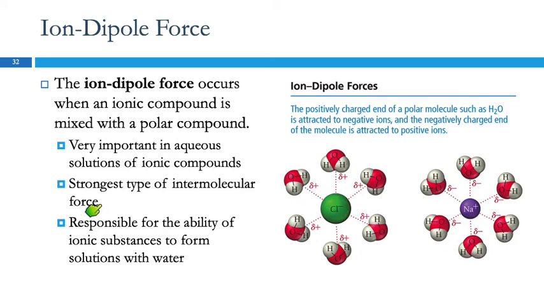So this is stronger than hydrogen bonding, and it's why you can dissolve ionic substances in solutions. So what happens here is the chloride ion, the negative ion, will attract the positive ends of the water molecules. And so they'll kind of rally around it, come around and make it feel comfortable, and kind of take it off into the rest of the water and swimming away.